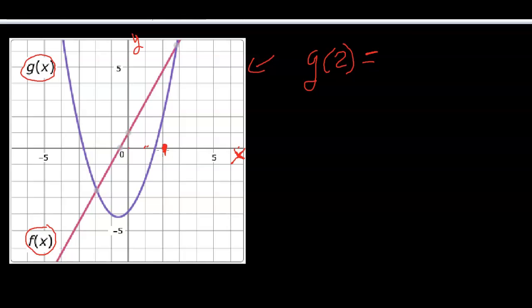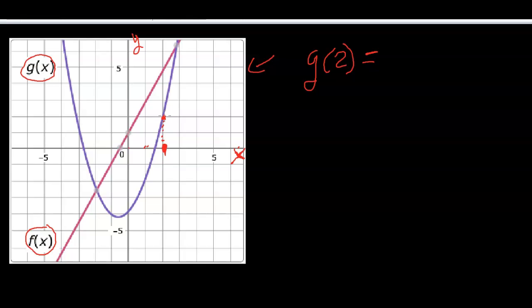We have our input on the x-axis, so from that point we want to look straight up or down to find where the output of the function g of x, which is graphed, occurs at that point x. We're just going to look up, and we see the output of g of 2 is right there. That's where the graph of g of x lies at that value of x.